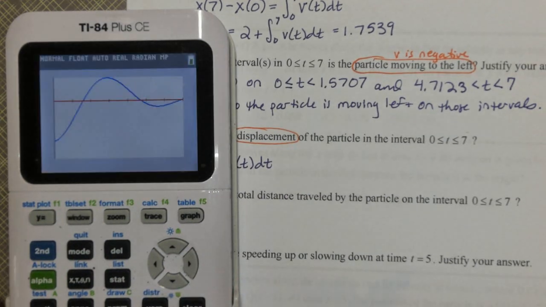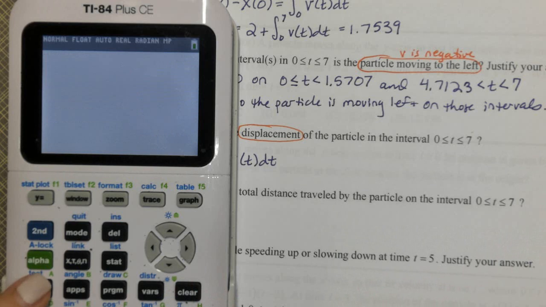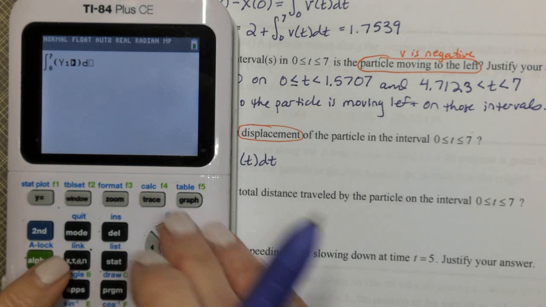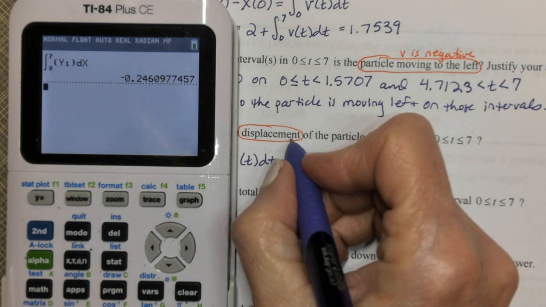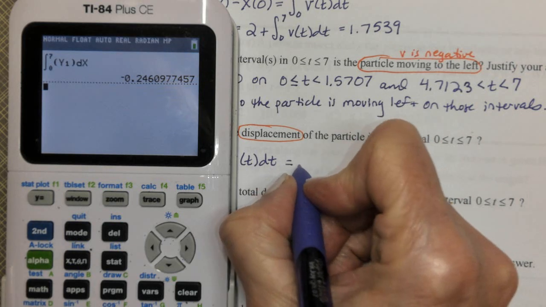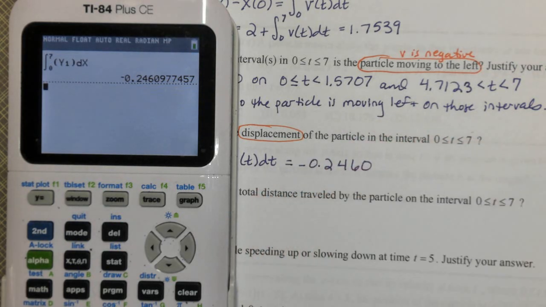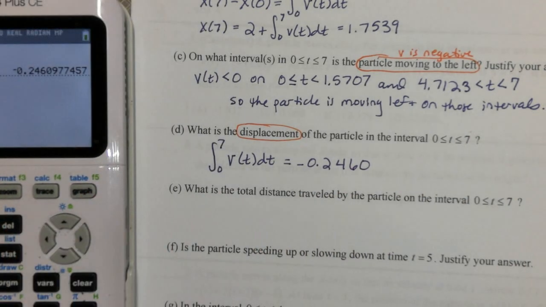So from 0 to 7, okay, alpha F1 or F4, like that. And the displacement is negative 0.2460. Easy peasy with a calculator.